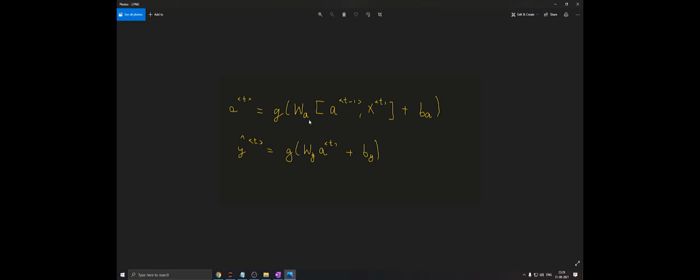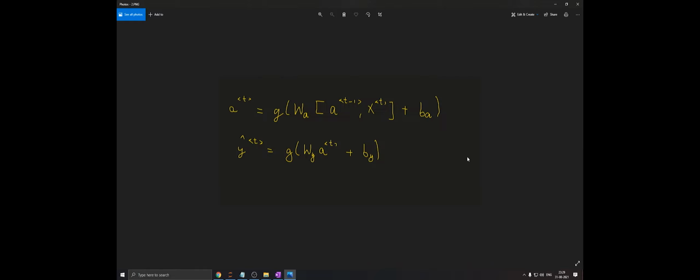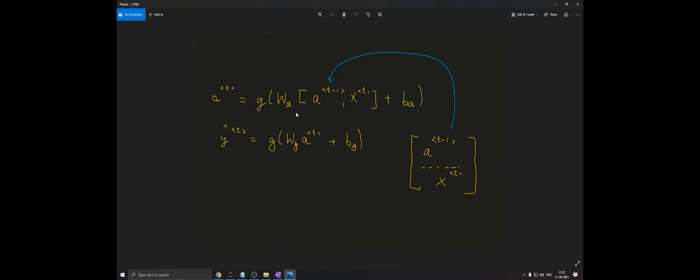This is the weight matrix that is used to calculate this activation value at t time step. This is the time step value. I didn't describe it here. These are the time steps: time step 1, time step 2, 3, 4 up till ty. Okay, so we have these weight matrices WA, which is used to compute activation value at time step t. This operation right here is the concatenation operation. As we can see here, just take the value from the previous time step of the activation function or the hidden unit and just stack it on top of this input sequence x.